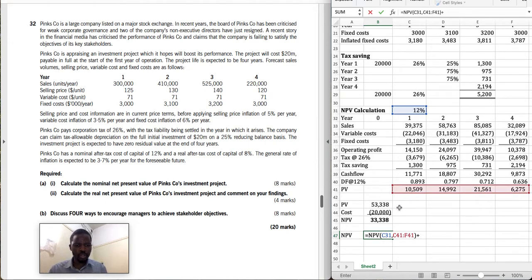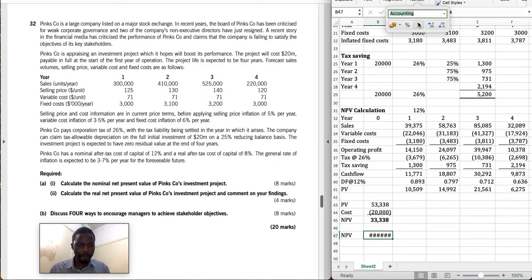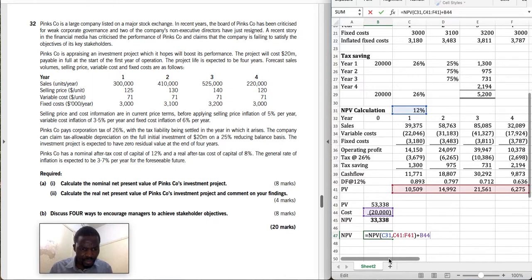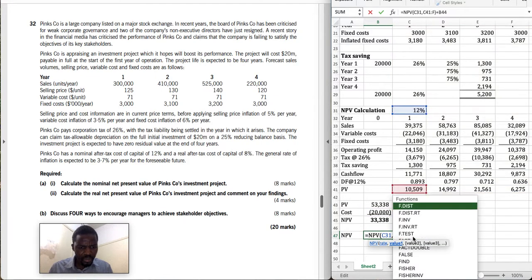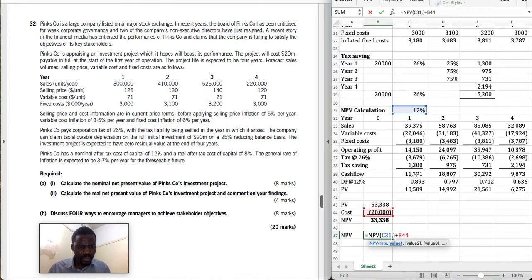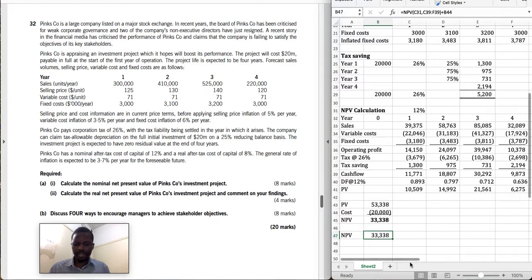We have also to add the cost of the machine. We also get the same figure there as 33.338.